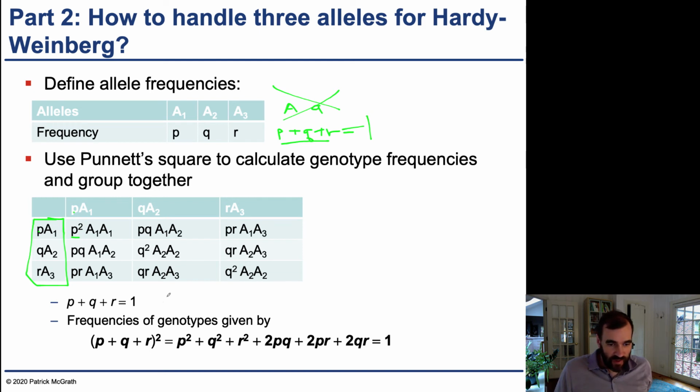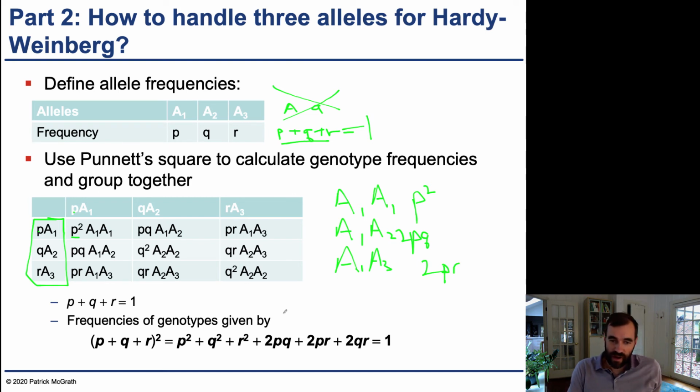So if we do this, we can calculate the predicted frequencies for each of these. So A1A1 is p squared, A1A2 is 2pq, A1A3, for example, is 2pr, and so on and so forth.